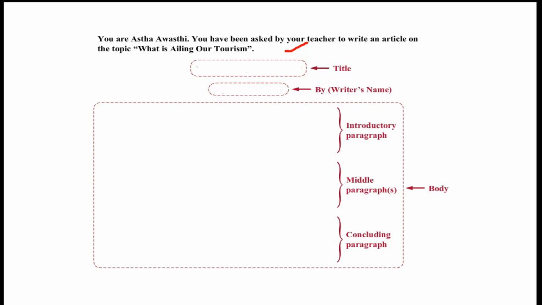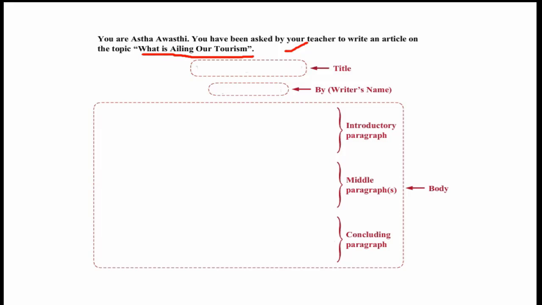Then we will note now about article writing. First of all, what is ailing our tourism? This is the topic that you have to write an article on. Suppose that.